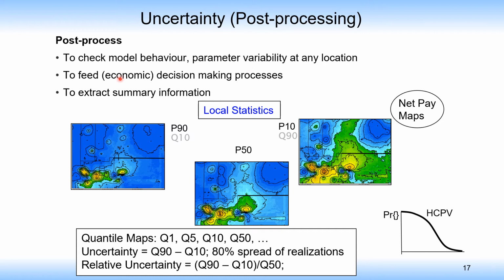We want to feed economic decision processes, decision trees, and economics. And again, we want to summarize and extract information. So here's just showing how we might have net pay thickness maps from low to high, and here's a P50. So these are useful, coming up with quantile maps and looking at the kind of spread of uncertainty that we might encounter.